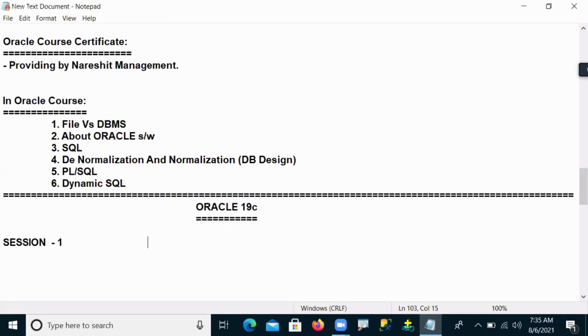And the topic is file versus DBMS. File versus DBMS is your first topic and the first section.